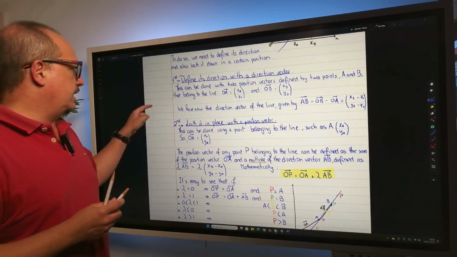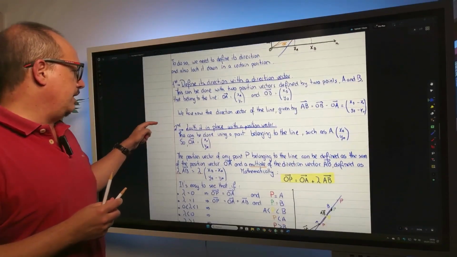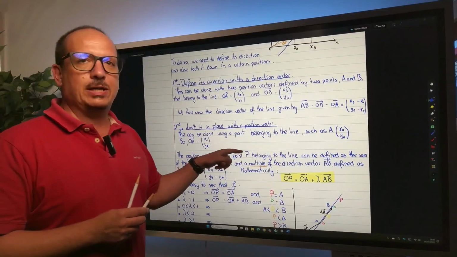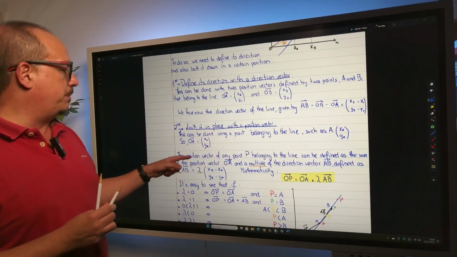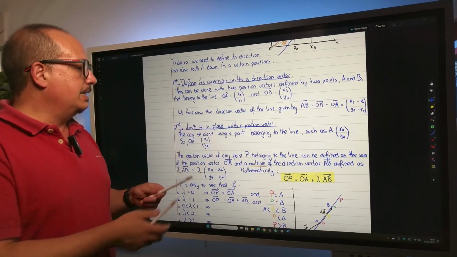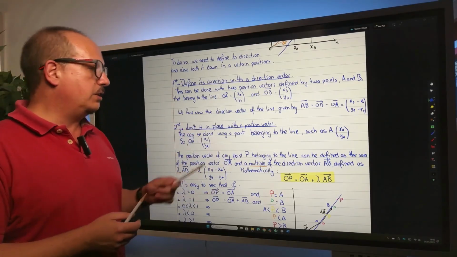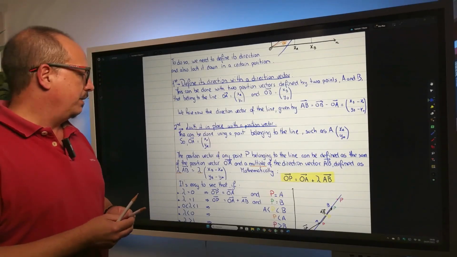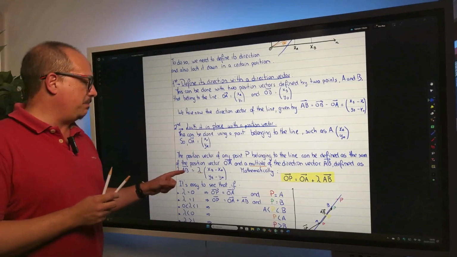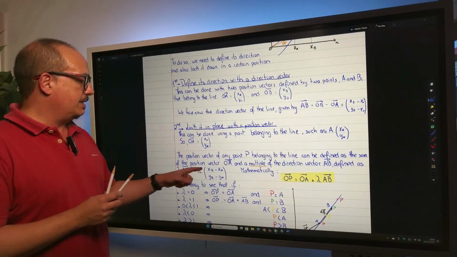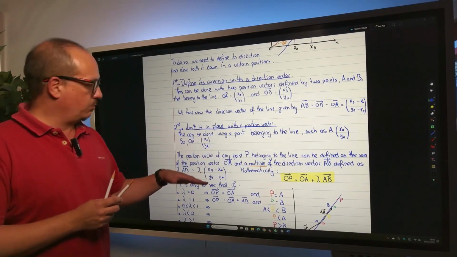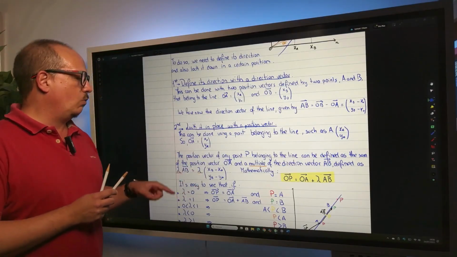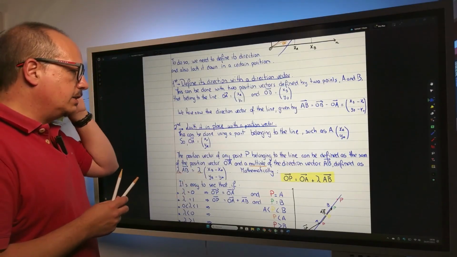OA has coordinates, as you saw, XA, YA, so the position vector of any point P belonging to the line can be defined as the sum of the position vector OA and the multiple of the direction vector AB, defined as lambda AB equals lambda times xb minus xa for the x coordinate and yb minus ya for the y coordinate.